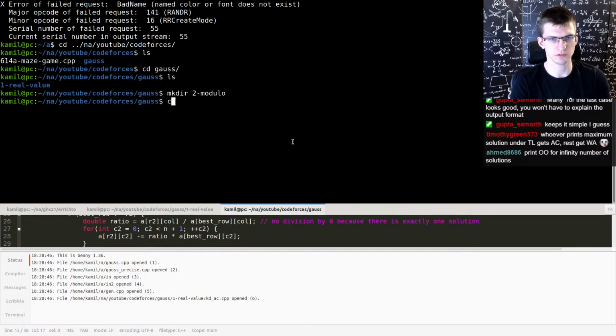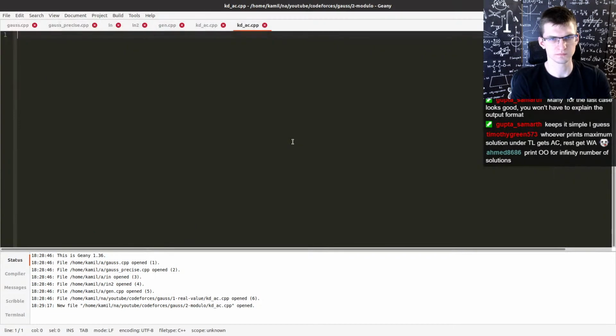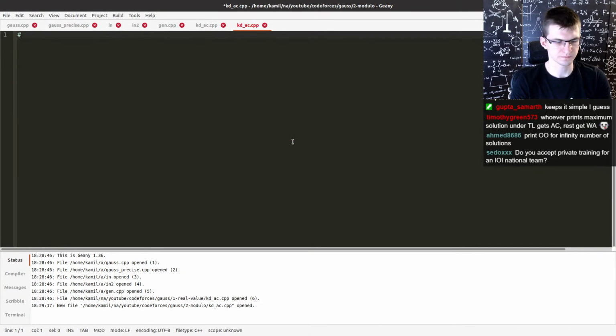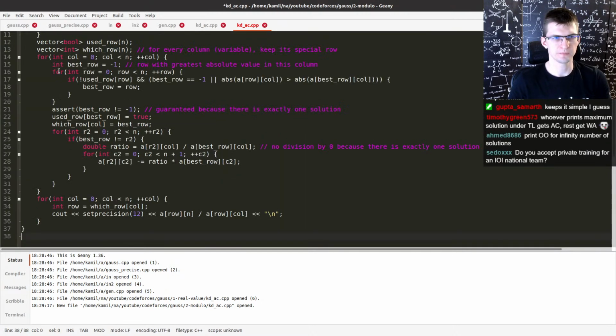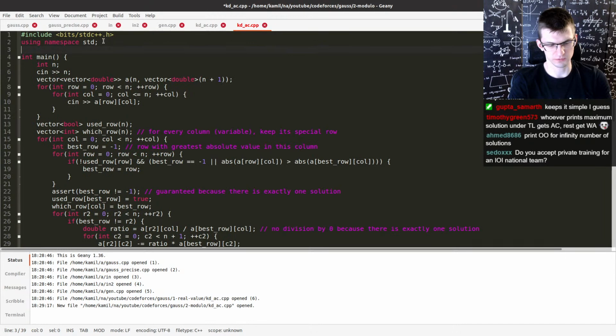This is modulo. Should I just copy paste this to keep the style kind of consistent? Maybe. Well, we need division, so let's be done with it.